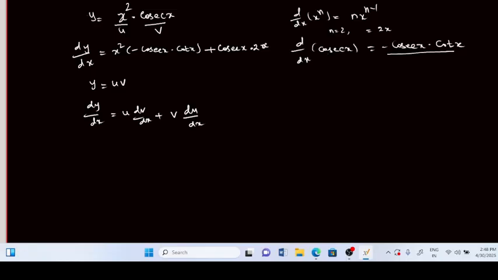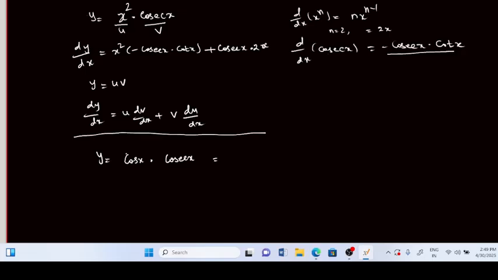Okay, we are writing the product rule using x square and cosecant x. Why can we not write the trigonometric function itself? We can write it, but we can also simplify the trigonometric functions. Like if you write cos x into cosecant x, we can apply the product rule, or else we can modify this one.